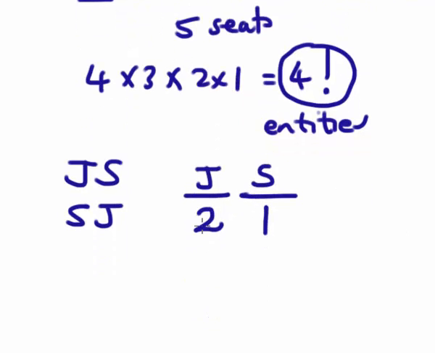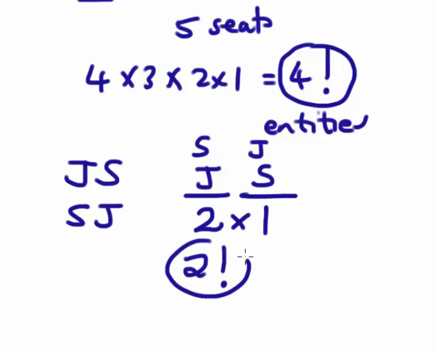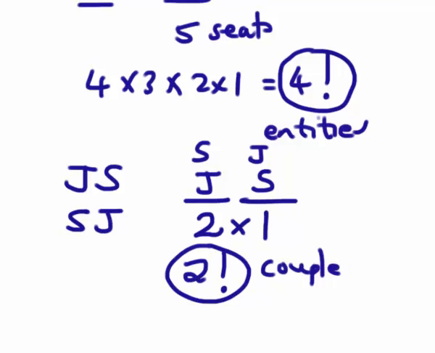And likewise, if Sarah sat there, then James would sit there. So there's 2 people that could have sat there, James or Sarah, and then once one of them sat down, like James did, then Sarah would be forced to sit next to James there. So there's actually 2 factorial ways, if you look at the way that the couple are arranged.